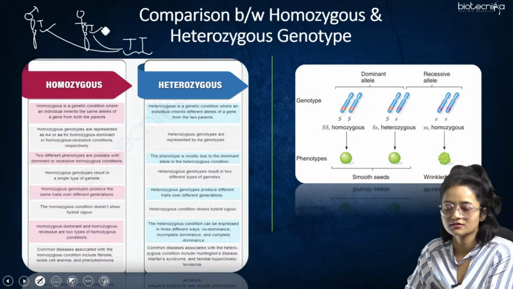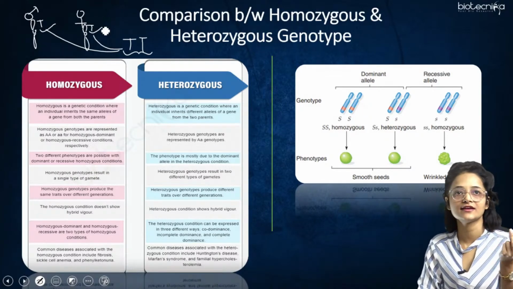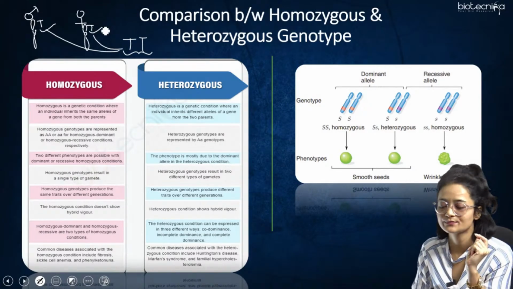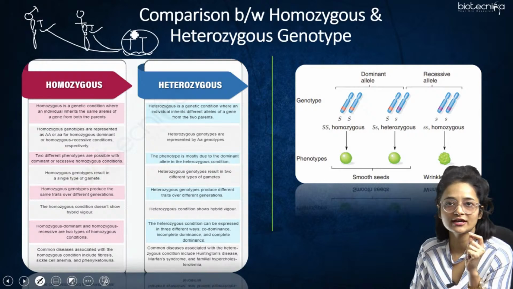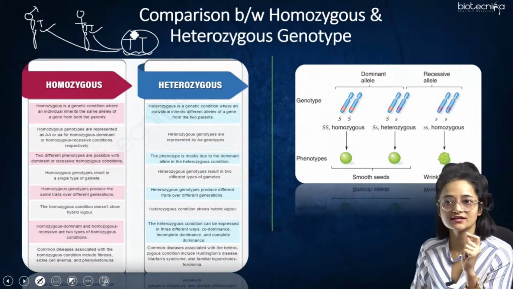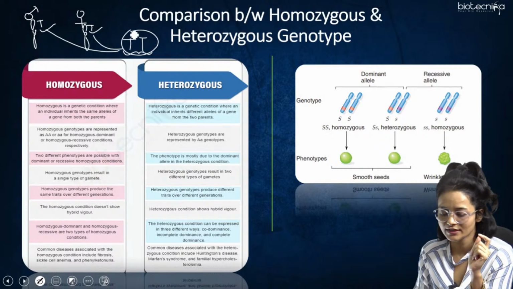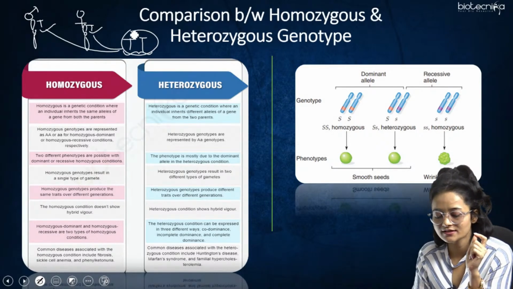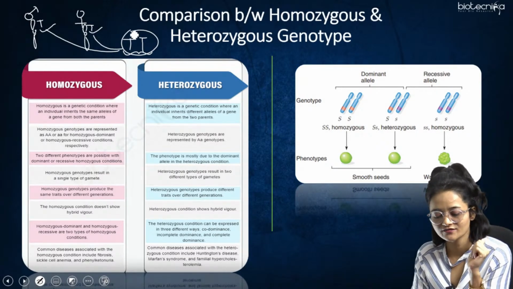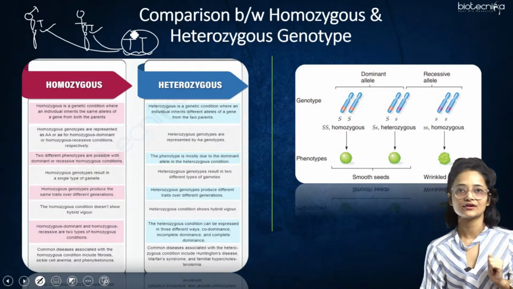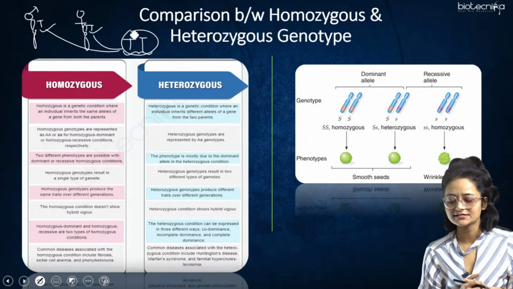So similar genes are inherited by the offspring, producing the genotype, right? This would be homozygous dominance, or it could be homozygous recessive, right? So the same allele it is inheriting.